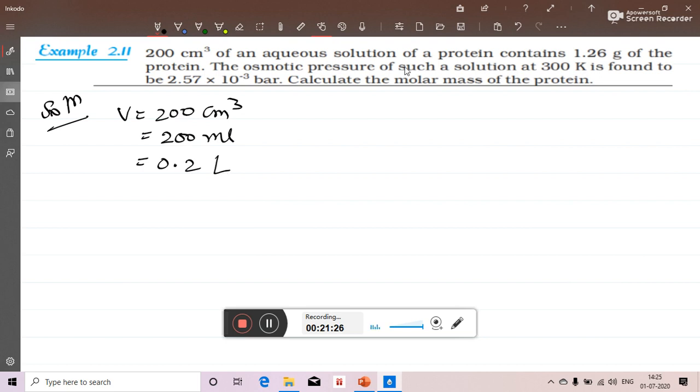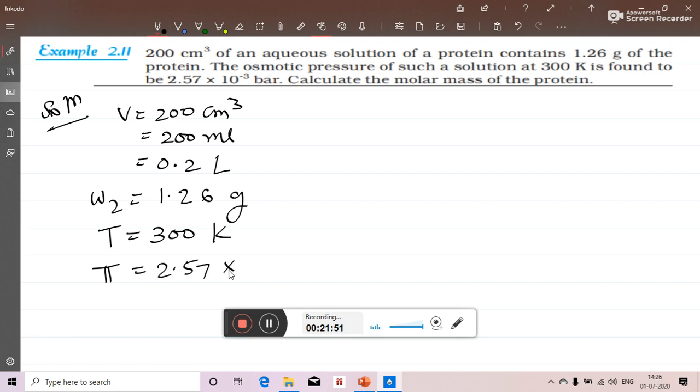It contains 1.26 gram of the protein, so weight of solute W2 is equal to 1.26 gram. The osmotic pressure of the solution at 300 Kelvin: so temperature is given as 300 Kelvin and osmotic pressure is given as pi equal to 2.57 into 10 raised to minus 3 bar. Calculate the molar mass of the protein. So we have to find out M2.